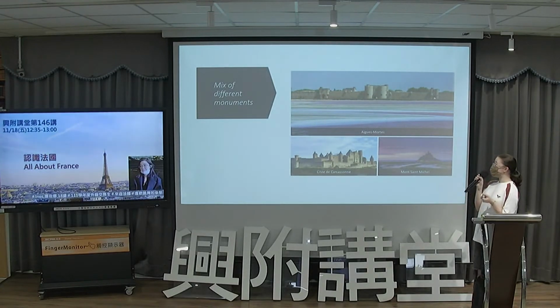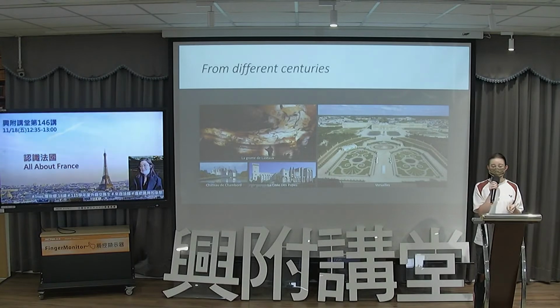There is also a mix of monuments from different centuries, for example the medieval century, like those medieval cities, and also from the prehistoric era and some from the Enlightenment era, the 18th century.